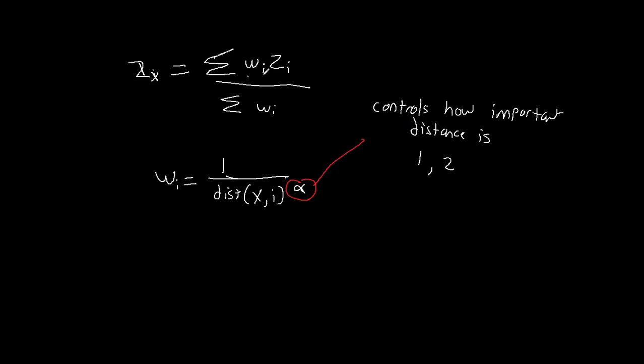But let's just consider for a second what happens when we make alpha 0. If we make this alpha value 0, what we're saying is that regardless of what the distance is, when you raise something to the 0 power, it becomes 1.